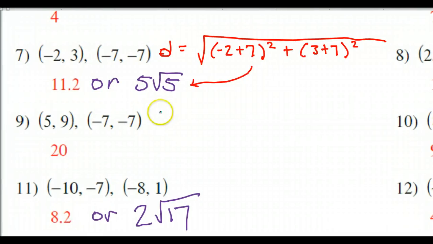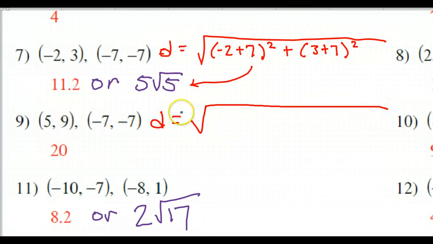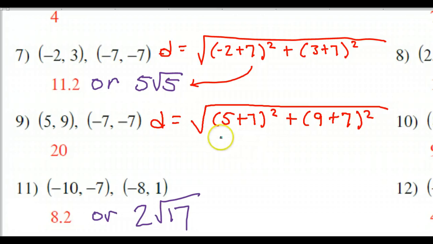Number 9. X minus x, so 5 plus 7 squared. y minus y, so 9 plus 7 squared. Put that in the calculator, you should get 20.